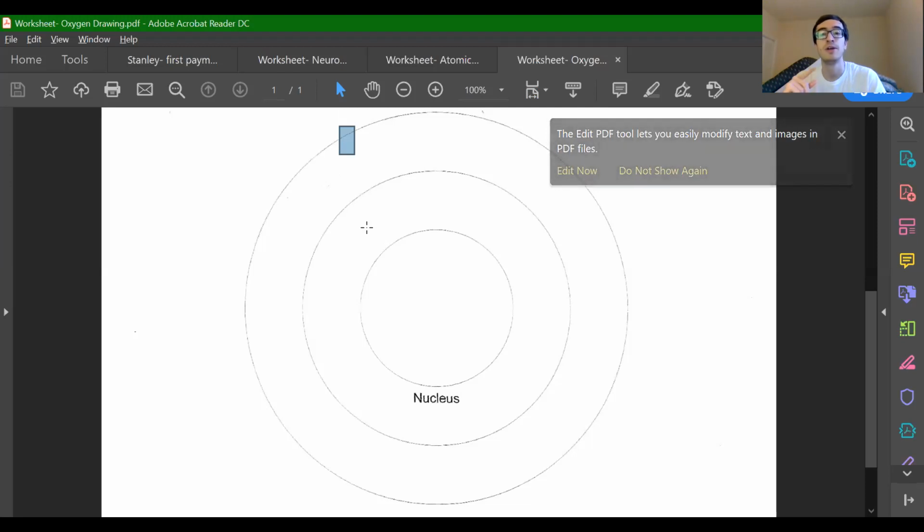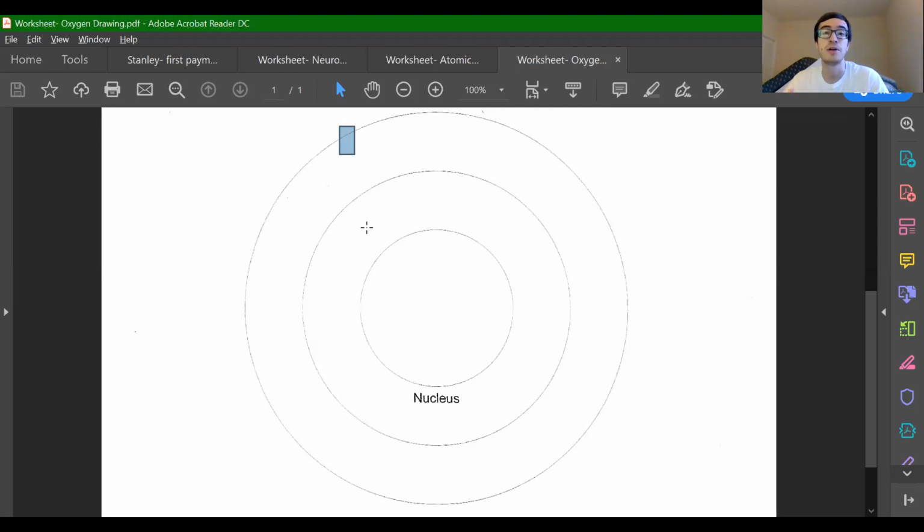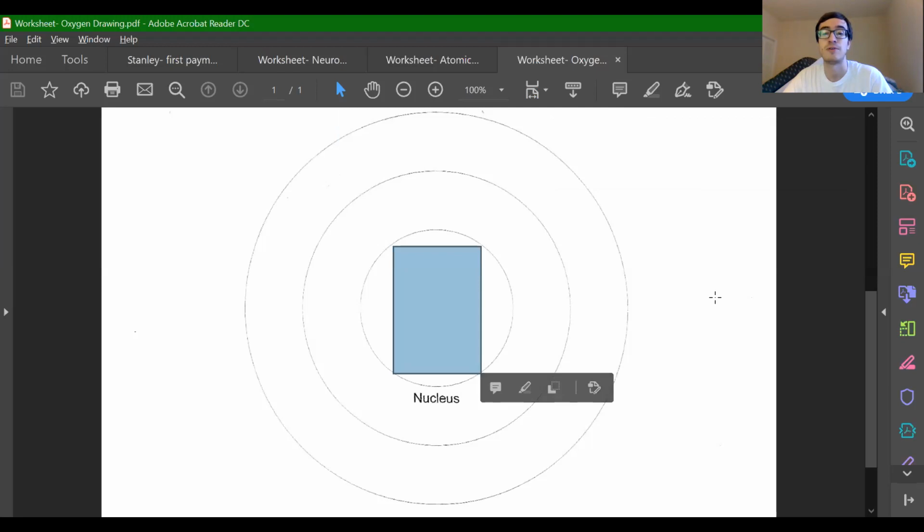And so your job is going to be to put all of the protons, neutrons, and electrons where they belong. So however many protons and neutrons that you figured out oxygen should have, you'll draw that many down in the nucleus down here.